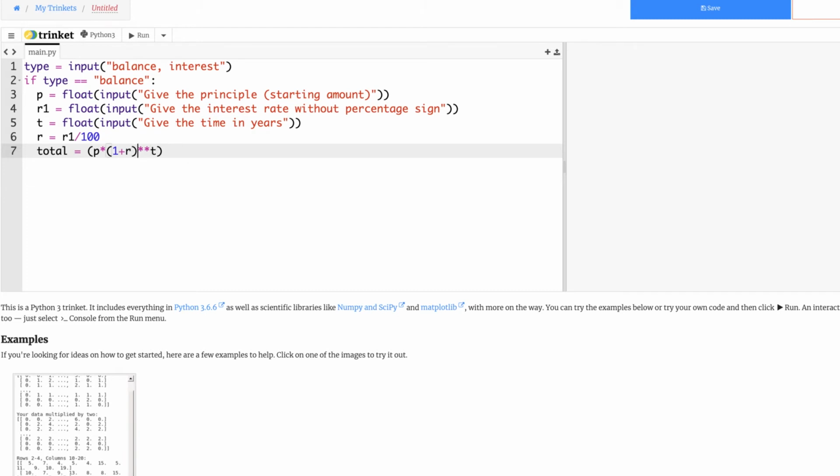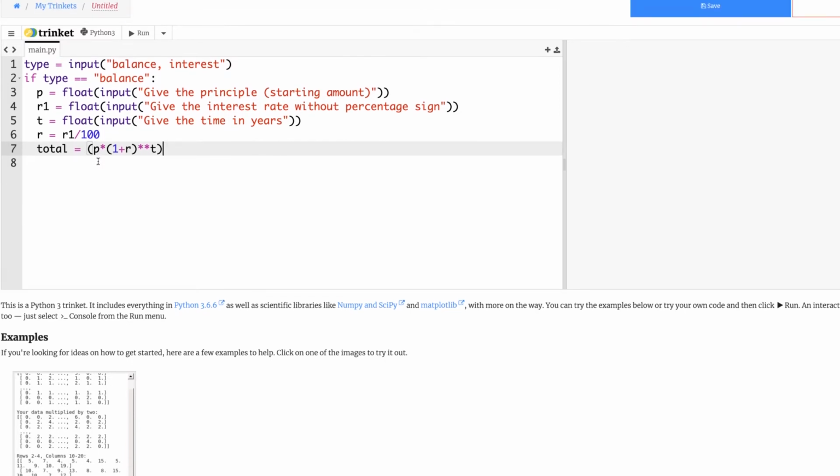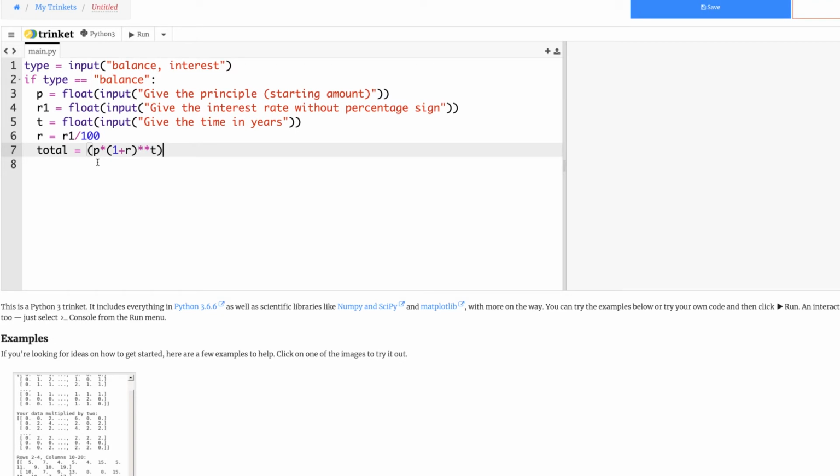So 1 plus R power T. Right, so P times 1 plus R power T. Now if you choose to do it this way, then you don't need to write print multiple times. If you write the same equation in the print, you'll have to write print multiple times. And this makes the code cleaner by making a separate variable. So since I'm taking this way, I will write the print afterwards.